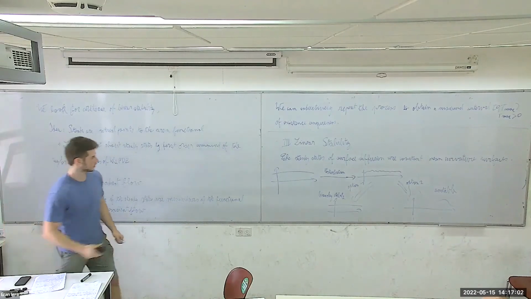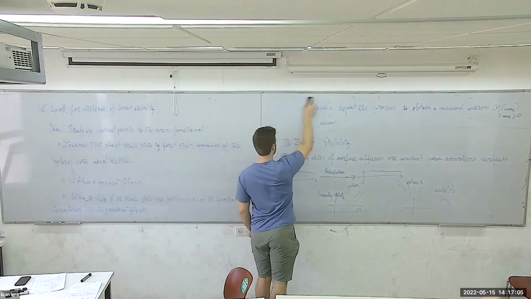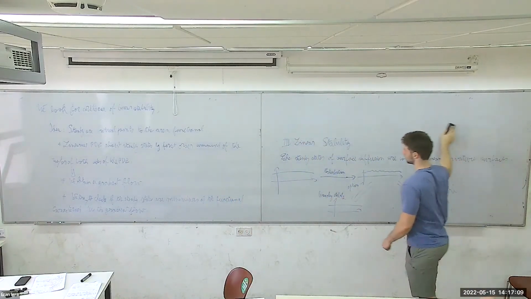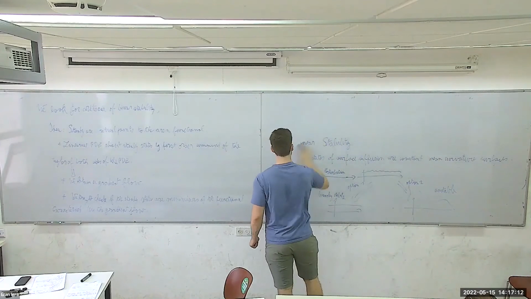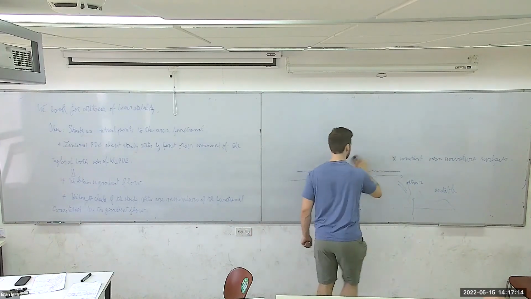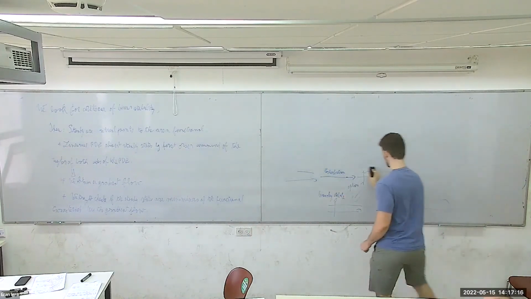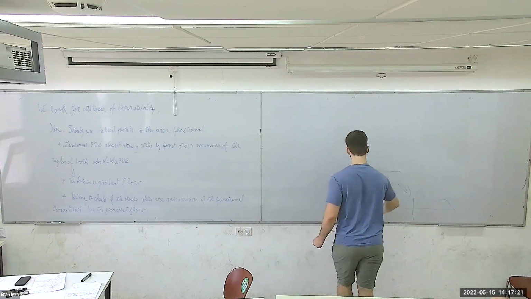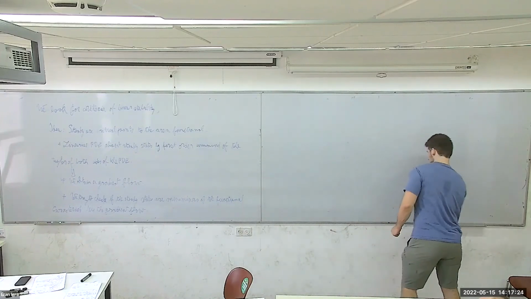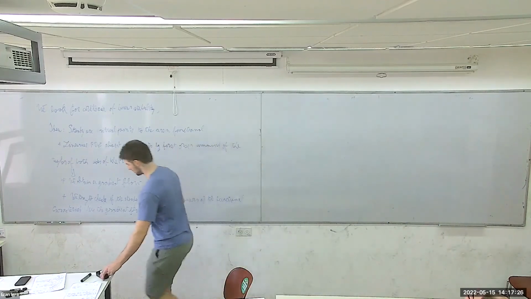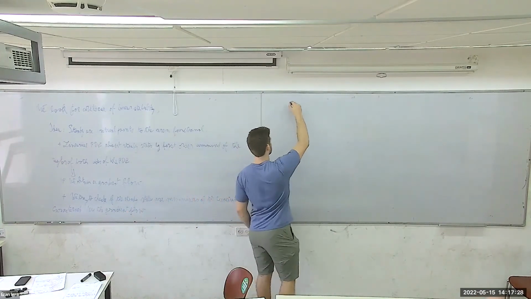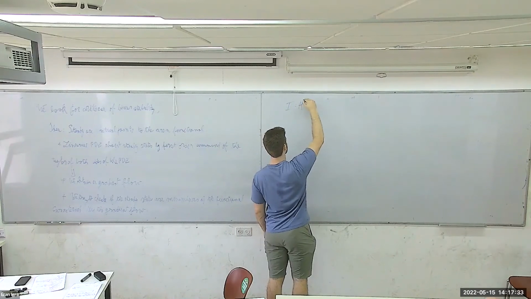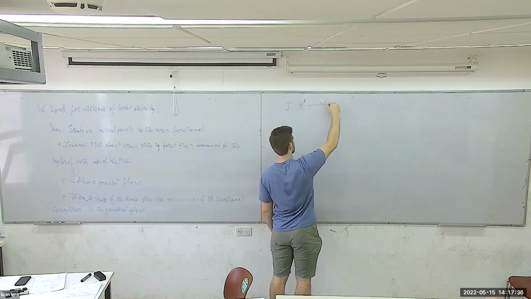I'm not going to write how the functional looks, in the interest of time. But all I'm going to say is that I'm just going to give the space where the functional lives, and I'm going to give a criteria based on it. So the functional I goes from H^3 to H^-1.